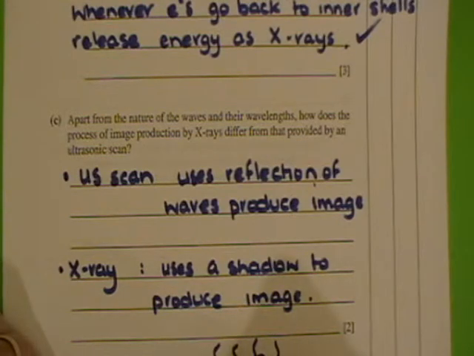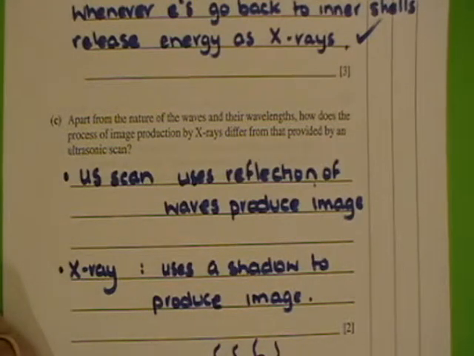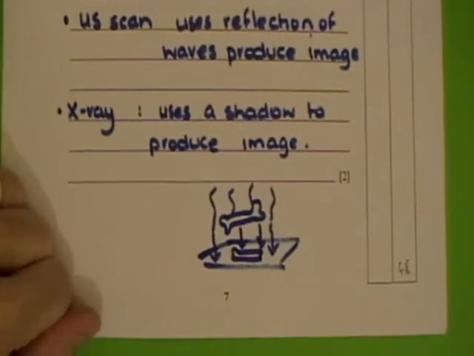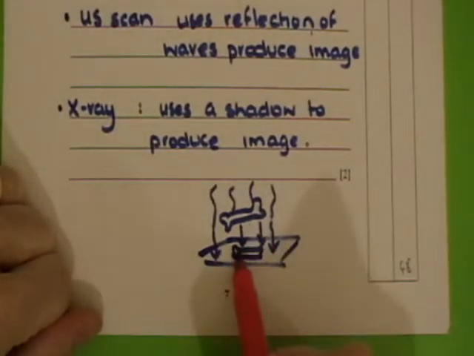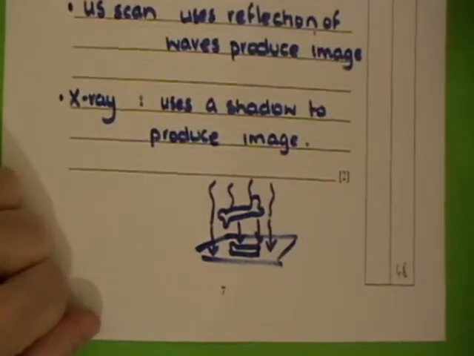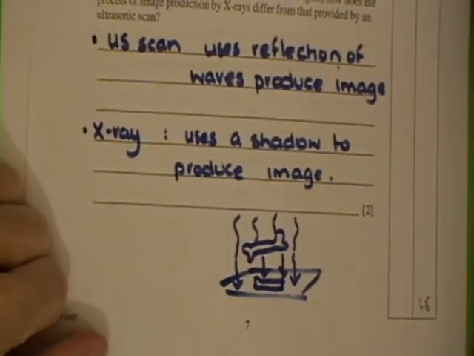The X-rays all around here are blackening the film, and they're really leaving a shadow, and the shadow's a bone there. Okay, there's the bone, there's the shadow, and there's the blackened X-ray film. And that's the end of that question, and that was 2005.